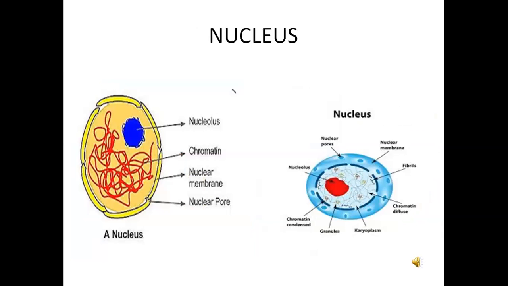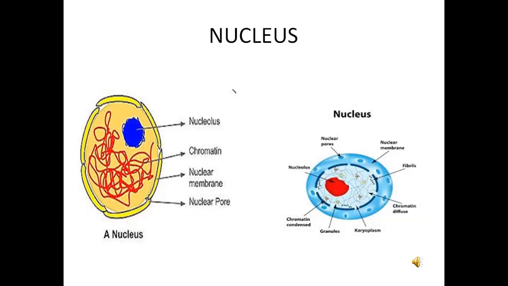The last important cell organelle is nucleus. Nucleus is the brain of the cell. Plant and animal cells have a nucleus inside the cytoplasm. It is surrounded by a nuclear envelope. One or two nucleoli and the chromatin body are present inside the nucleus.